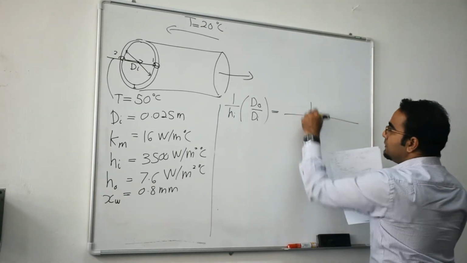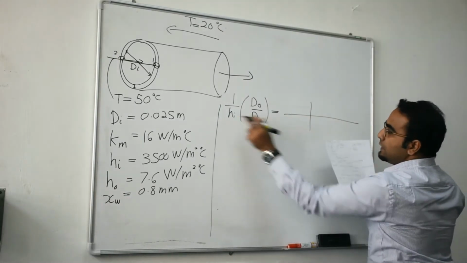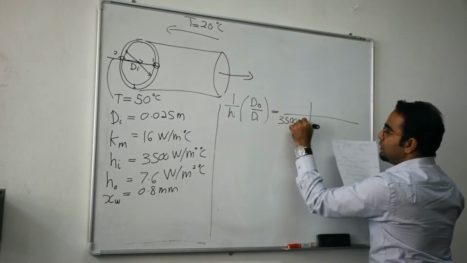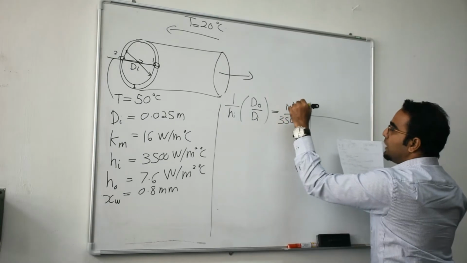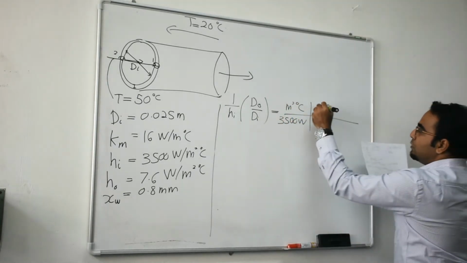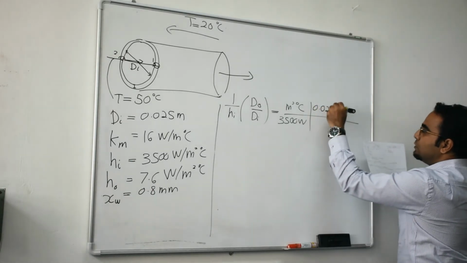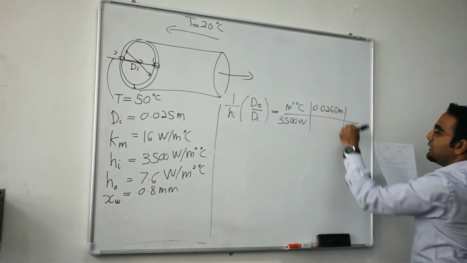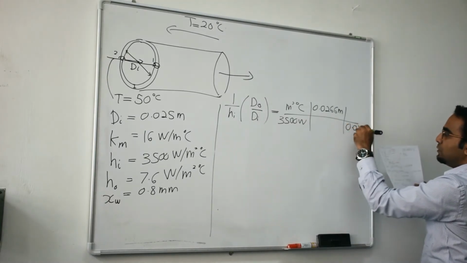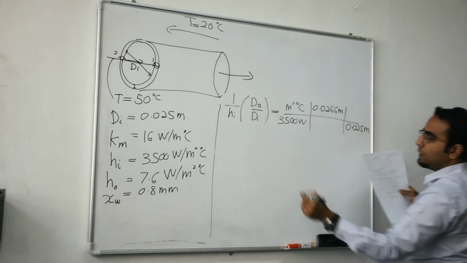1 divided by the value of HI, which is 3500 watt per meter squared degree Celsius, times the value of DO, 0.0266 meter, and the value of DI is 0.025 meter.